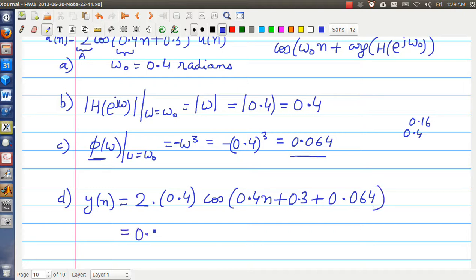That is 0.8 cosine(0.4n + 0.364). That's the output y[n].